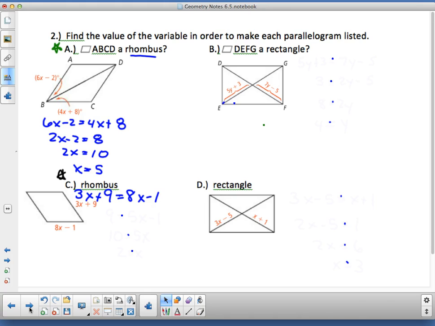So now I'm getting this: subtract 3x, 9 equals 5x minus 1, 10 equals 5x, and x is 2.